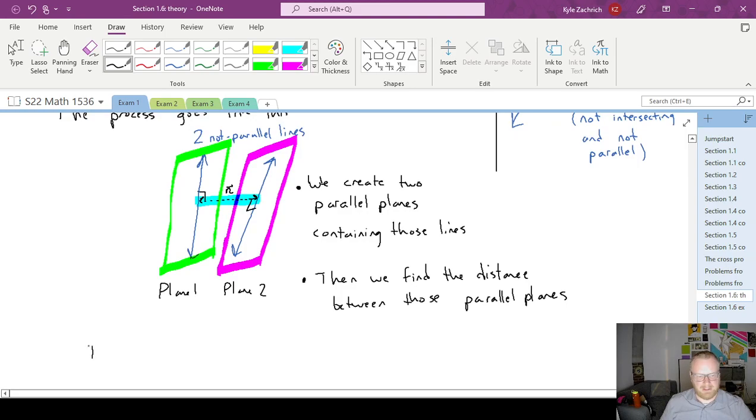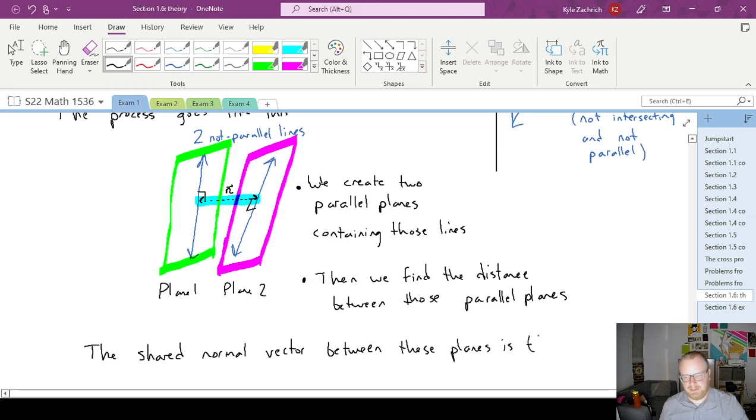So we can say that the shared normal vector between these planes is the cross product of the lines' direction vectors.